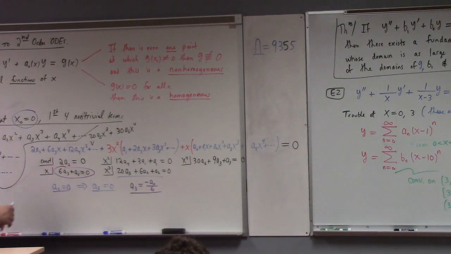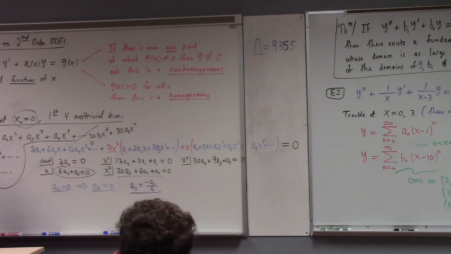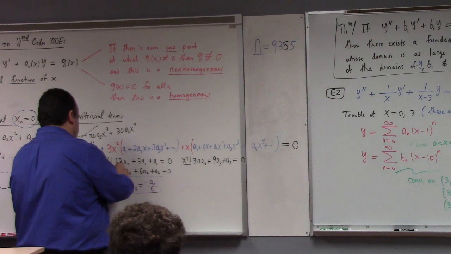That's good. So what you want to do with these problems is write the higher coefficients in terms of the first two, or in terms of the lower ones, right? So a3 is minus a0 over 6. And how about this one here?